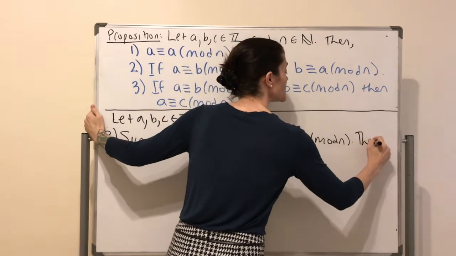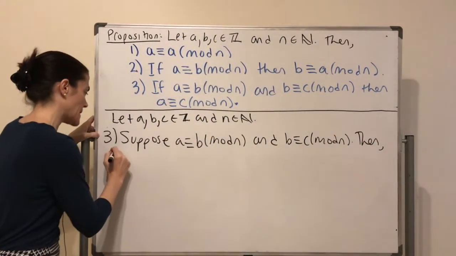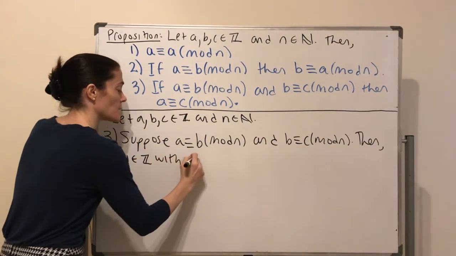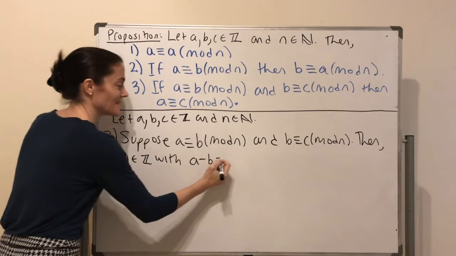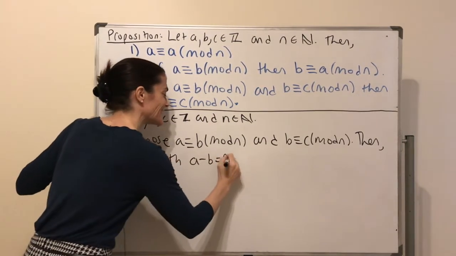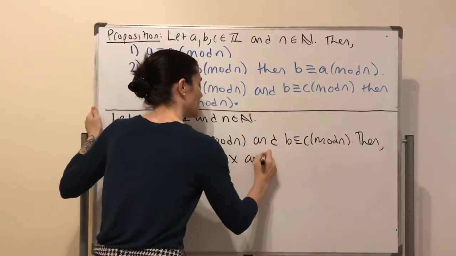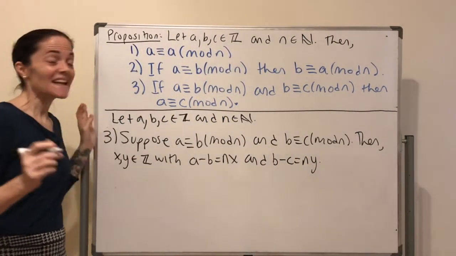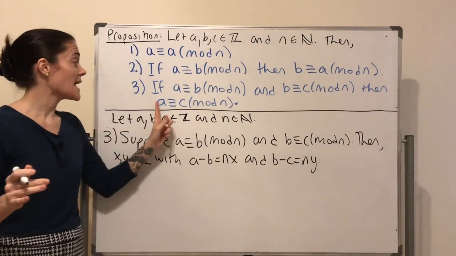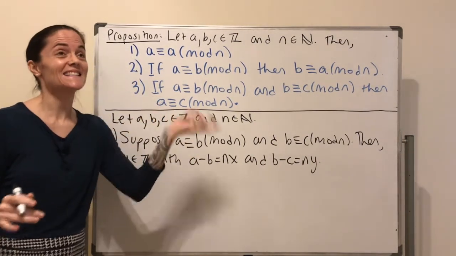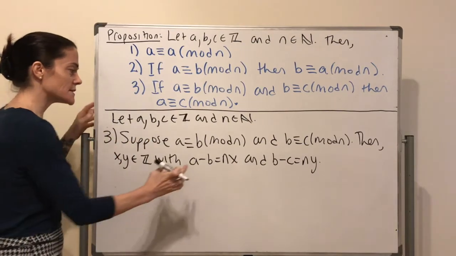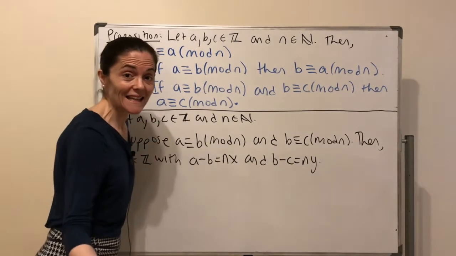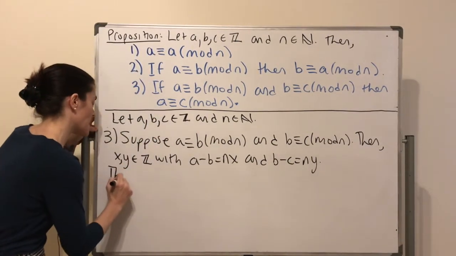So then, well, we have 2 integers, say x and y, with, well, we would have a minus b would be nx, and b minus c is ny. Now, if we look what we're trying to prove, we want a minus c to be n times an integer. But if you notice, you can just add these two, a minus b plus b minus c is exactly a minus c. So let's write this down.